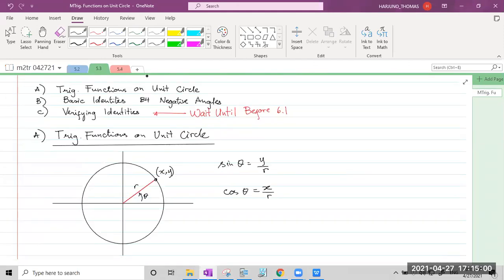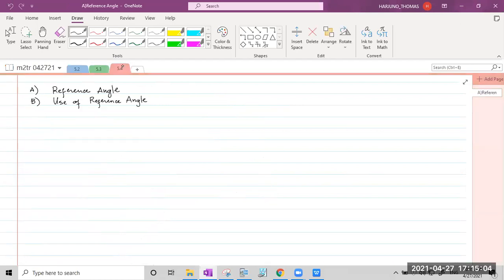Now, in the next 10 minutes, we will go over the early part of 5.4: reference angle and how to use that. In this section, we will only learn two things, reference angle and how to use reference angle.